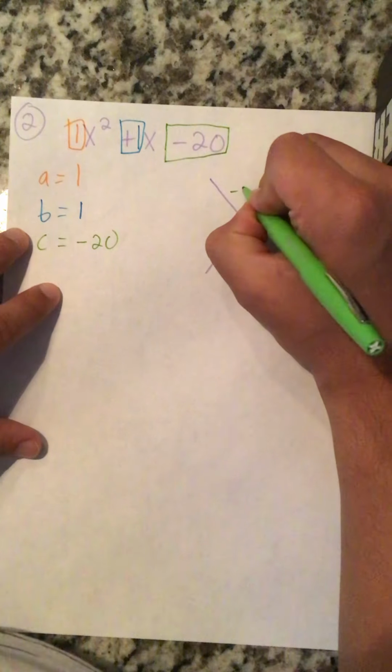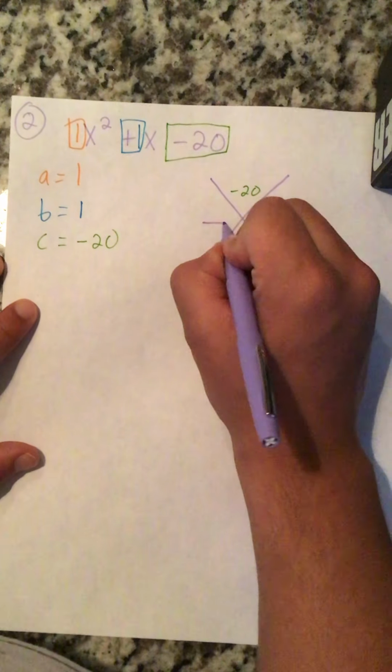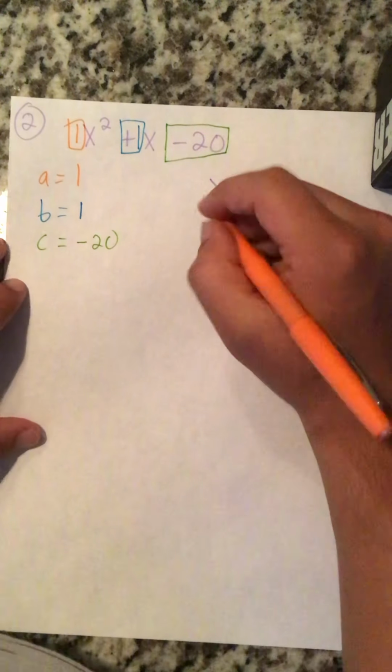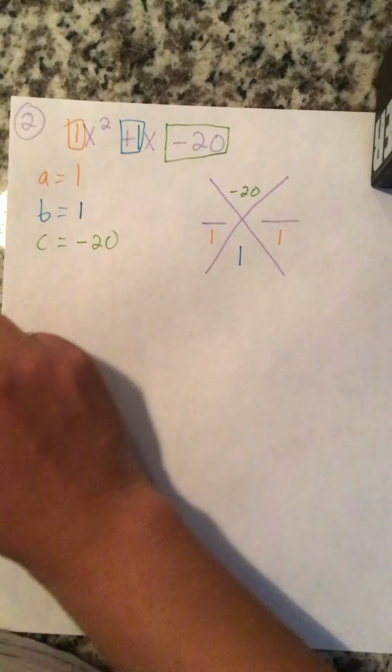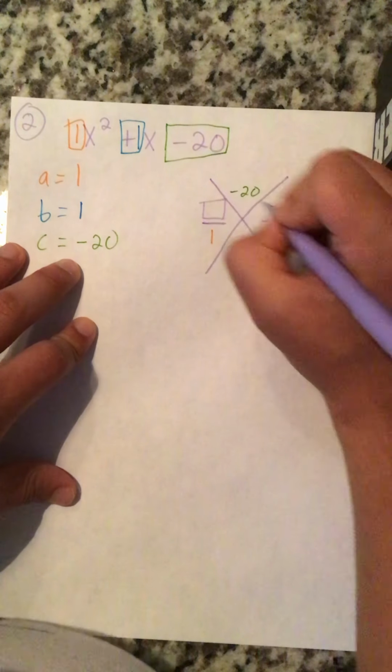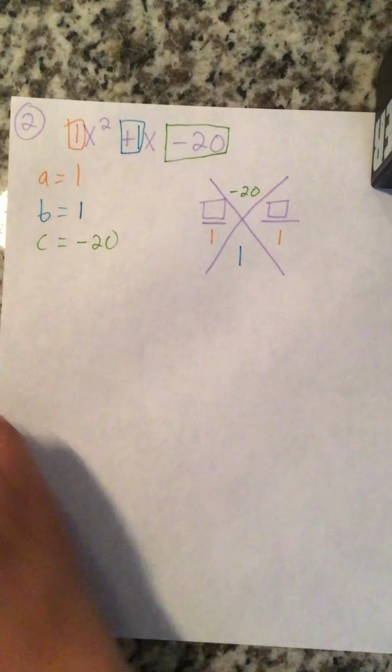I'm going to put a negative 20 up top. And then remember, on the left and right, we put our fraction bar. I put my a, which is 1, underneath here. And then I leave these as just plain old boxes. This is what we're going to find. Those are going to be my factors. Hopefully y'all are with me so far.